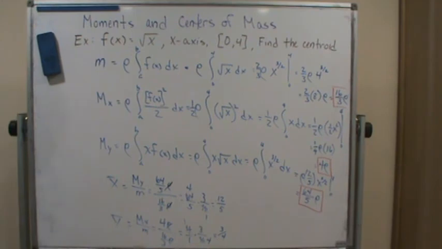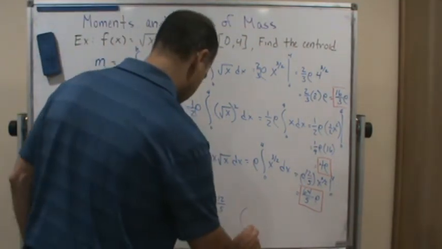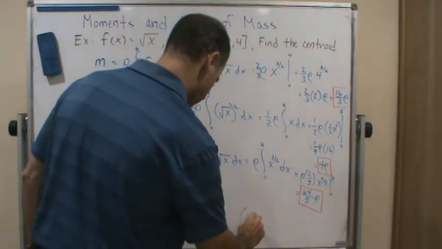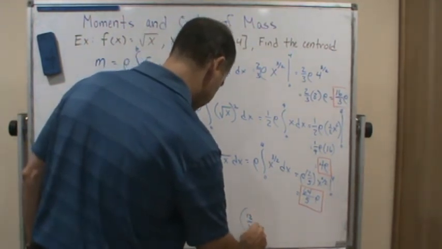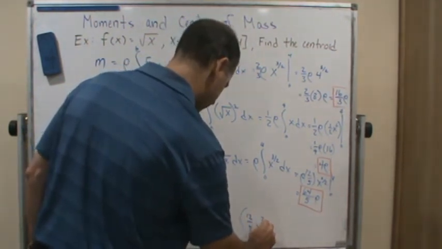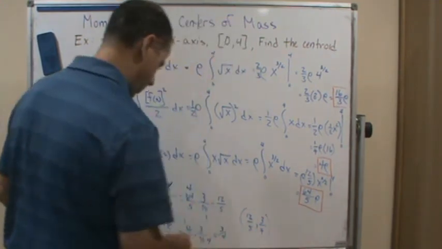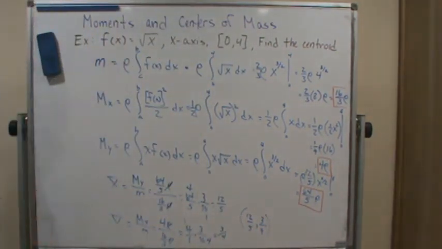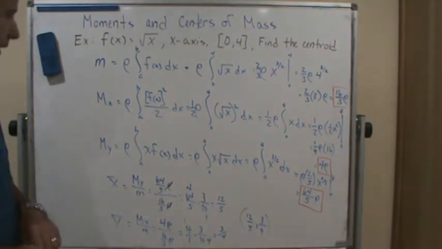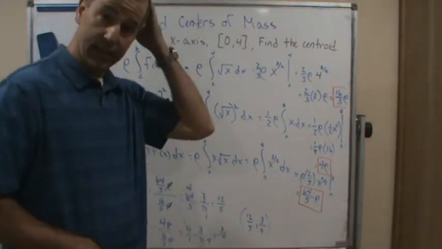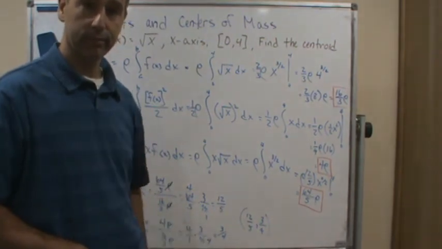And so now the centroid is located at 12 fifths, comma, 3/4. And I'm done. That's the answer. So notice that the density canceled out.